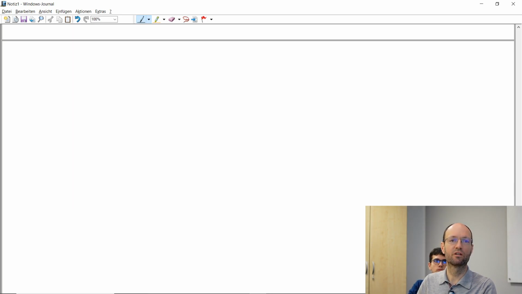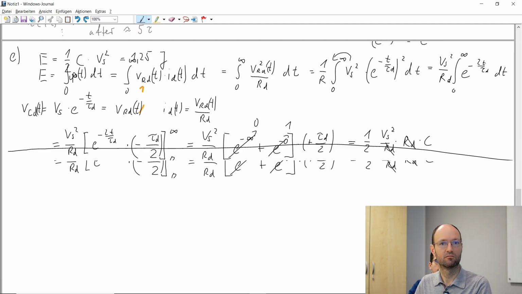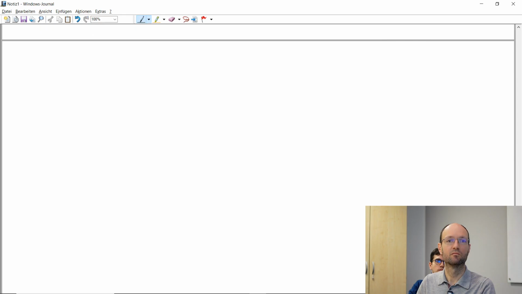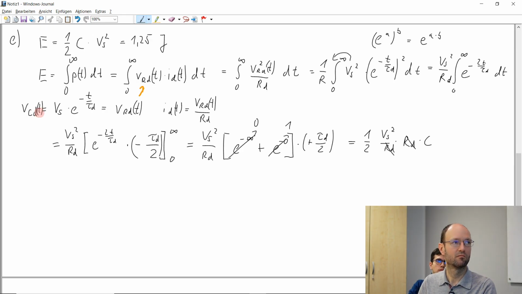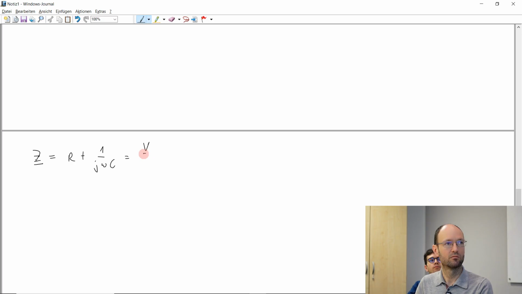How would you calculate complex impedance? Like resistor plus 1 over J admittance? Exactly. So if we do it for this circuit, it should be R plus 1 over J omega C. And in general, impedance is voltage divided by current.